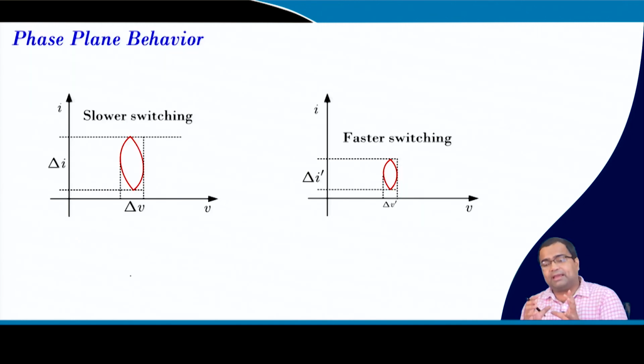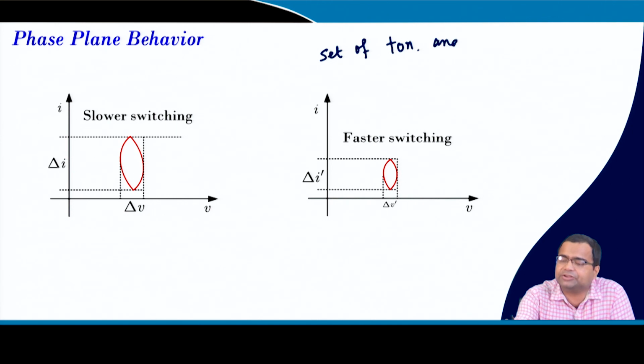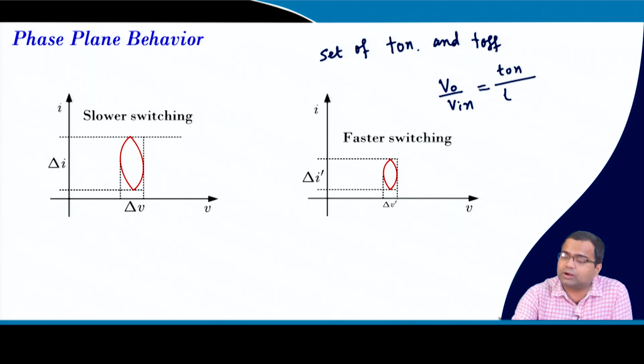Now, as I said, you need to generate a set of T on and T off. For an ideal buck converter, the output voltage V0 by V in, we know, is the on time divided by the total time, on plus off.